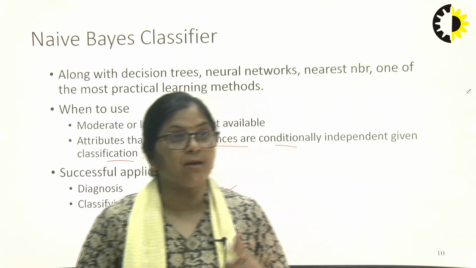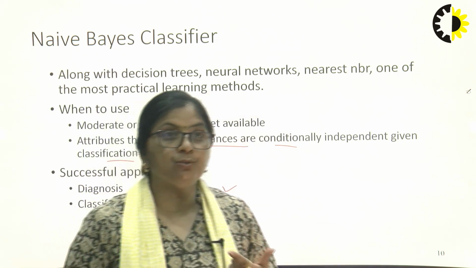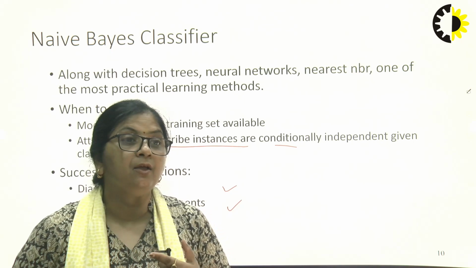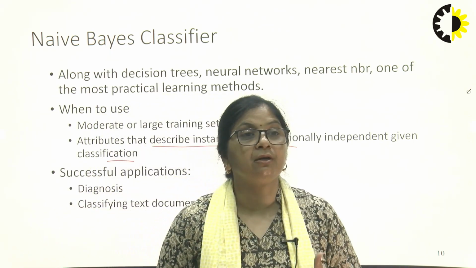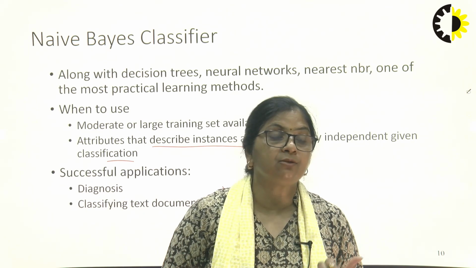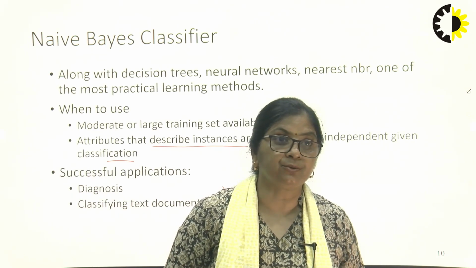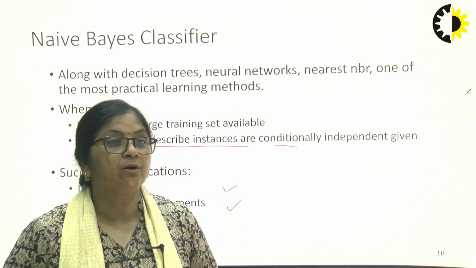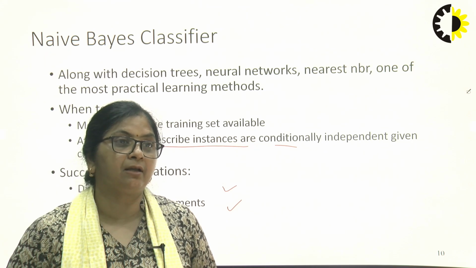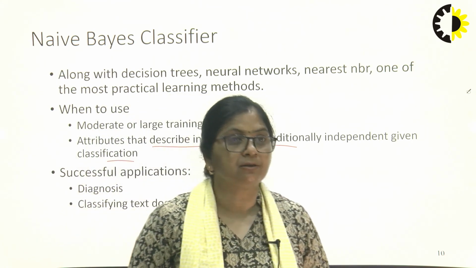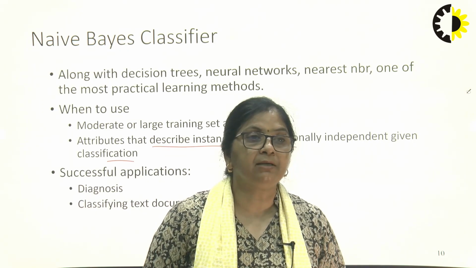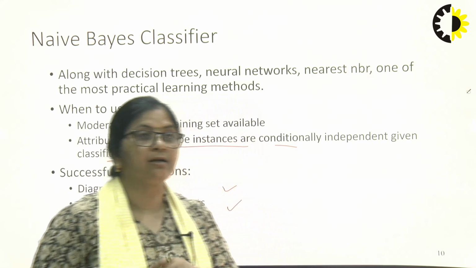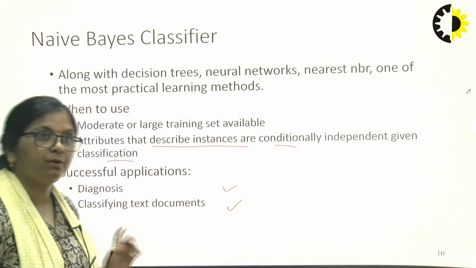When we take this assumption, the calculation complexity of the Bayes optimal method can be reduced, because we will not use the chain rule then. So, if we know the classification probability, we will simply take the probability of the attribute when the classification is given.